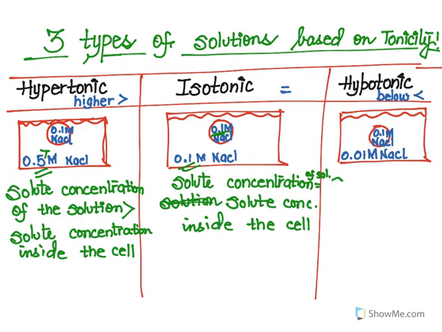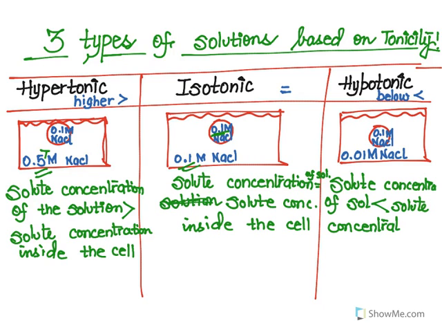All right, the solute concentration in the solution is going to be less than the solute concentration inside the cell. And that is what is happening if we take a look at the numbers. All right, so let us check what it means.